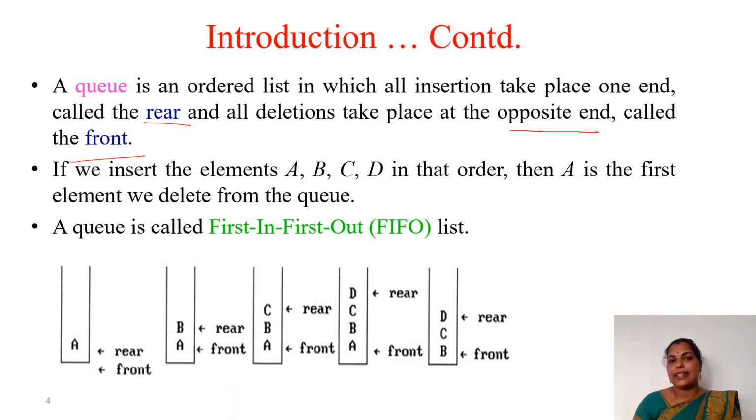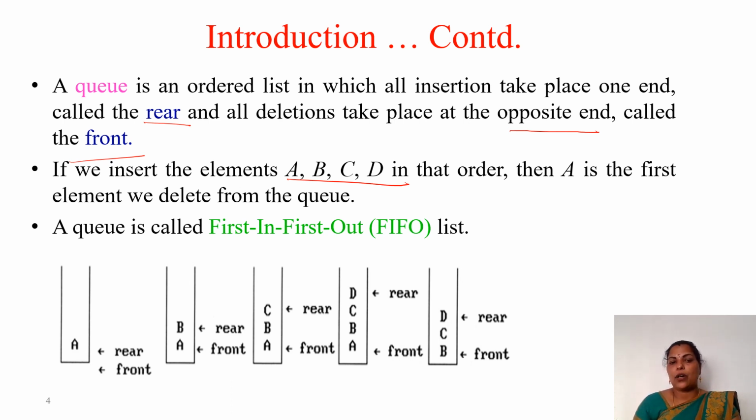If we insert the elements A, B, C, D in that order, then A is the first element we have to delete from the queue, and this queue is also called a first in, first out list. Here you can see this example A, B, C, D. First A we are inserting. To perform insertion, we have to increment the rear position, then insert. The front pointer is pointing to the first element only.